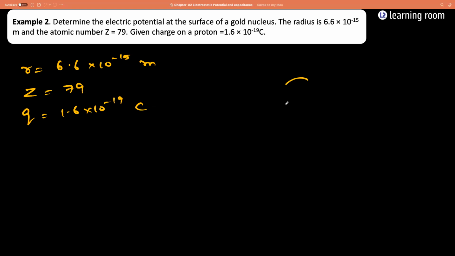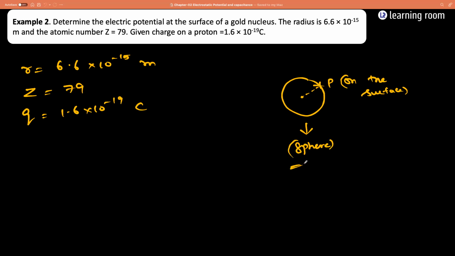If I take this to be the nucleus, listen to this carefully, then where are they asking the potential? At a point P on the surface. So what shape does a nucleus take? It takes the shape of a sphere.